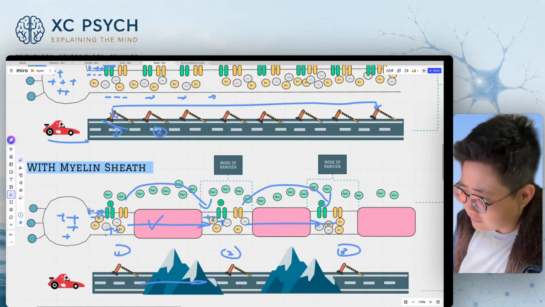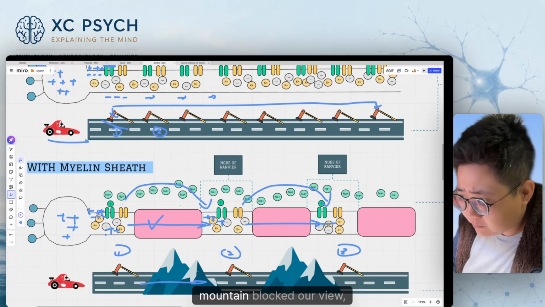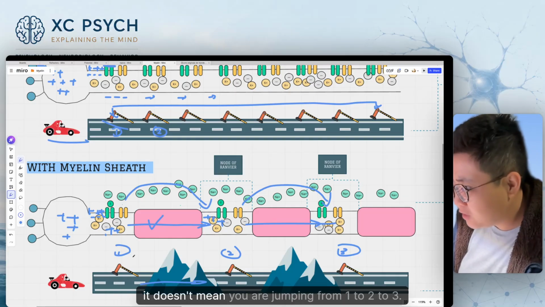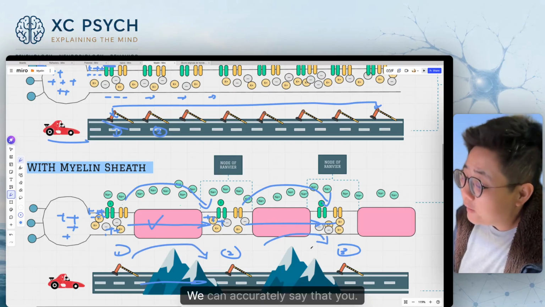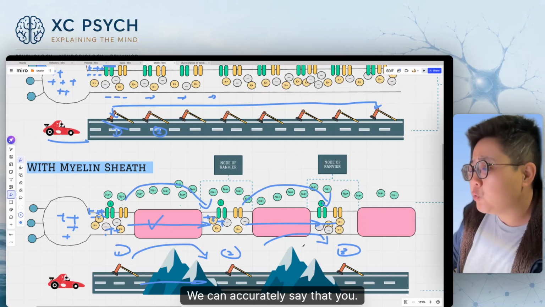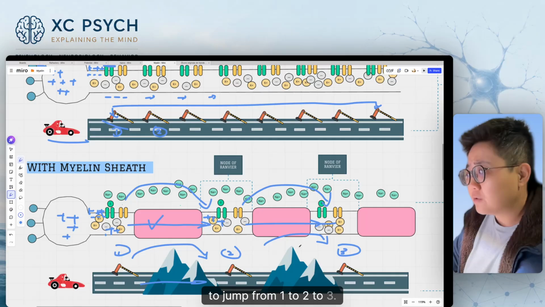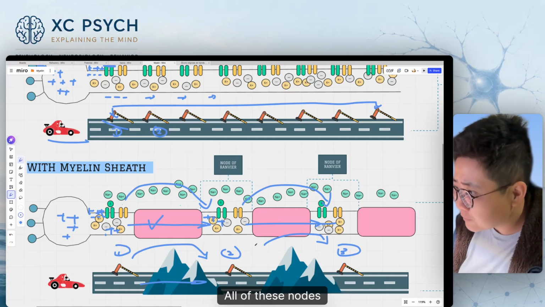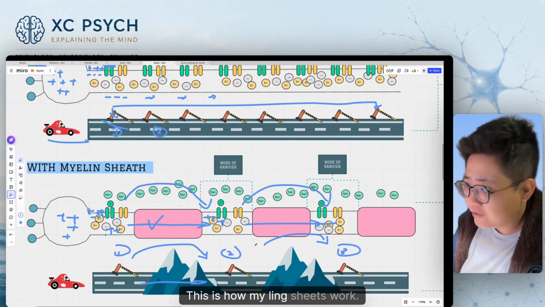And just because we don't see you traveling through the tunnel because the mountain blocked our view, it doesn't mean you're jumping from 1 to 2 to 3. We can accurately say that you appear to jump from 1 to 2 to 3. All of these nodes.